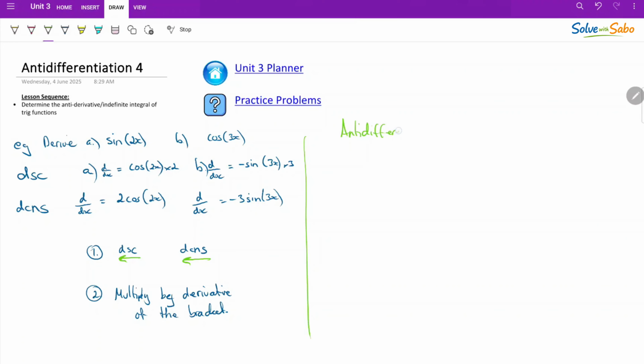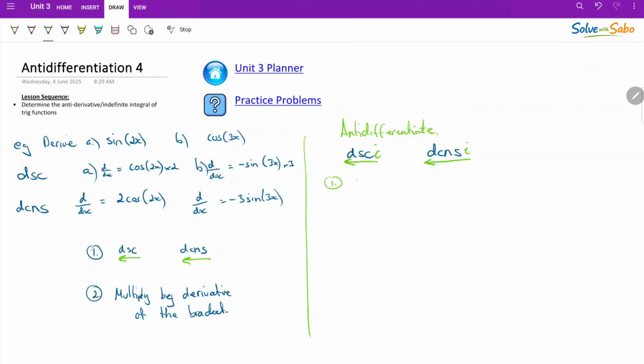Anti-differentiate. If I want to go backwards, then what I'm doing is the integral. So the integral of cos becomes sine to go back to the derivative, and the integral of sine becomes negative cos to go back to the derivative.